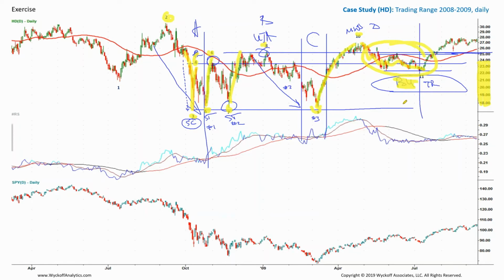And that's also a timing tool for us. All of the phase analysis is basically a timing tool. It tells us that supply is at such levels that we can't even go lower. Expect higher prices and expect some kind of better move than what you've seen before.